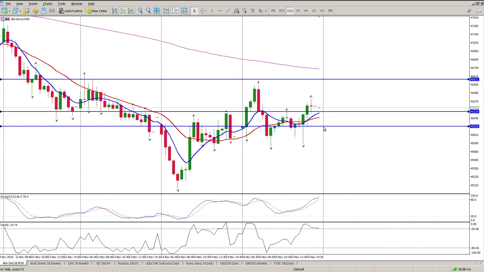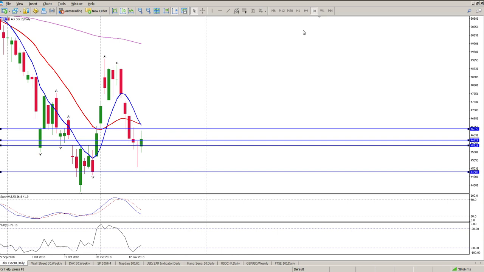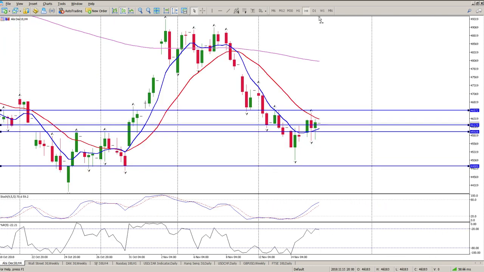Okay, so the first pullback, or even the break of the first half hour of trading, may even be worth taking that trade, but do watch out for this top level here of 46,570. On the daily you'll see we've also had a bit of a crossover on the moving averages, so there's no swing trade for me at the moment, but there's definitely an intraday trade if you've got time today.